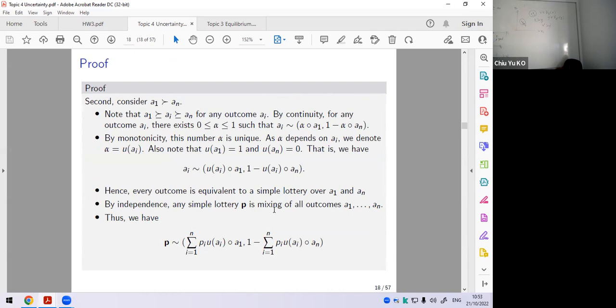By continuity, there exists a number that makes you indifferent between the two. There must exist some lottery over the best and the worst that makes you indifferent with your proposed outcome Ai. Is that clear?